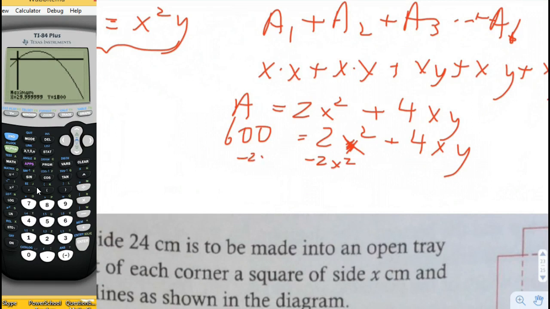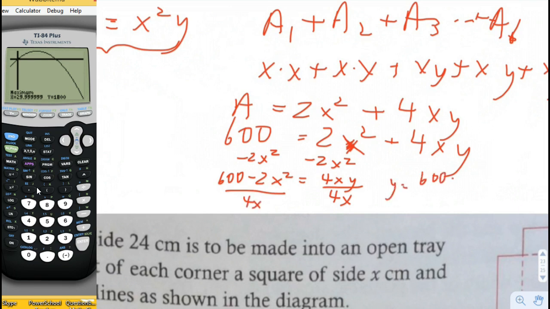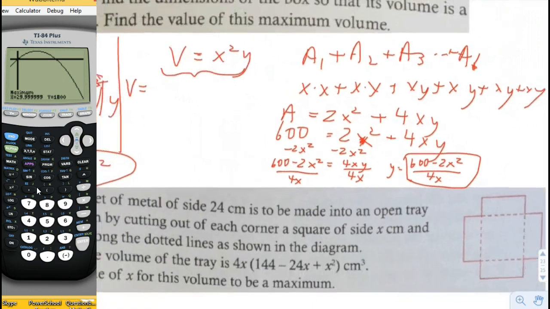We're going to subtract 2x squared from both sides. We get 600 minus 2x squared equals 4xy. And then we divide both sides by 4x. And this is just algebra, but not the easiest algebra. So y is equal to 600 minus 2x squared divided by 4x. We're going to put it here.